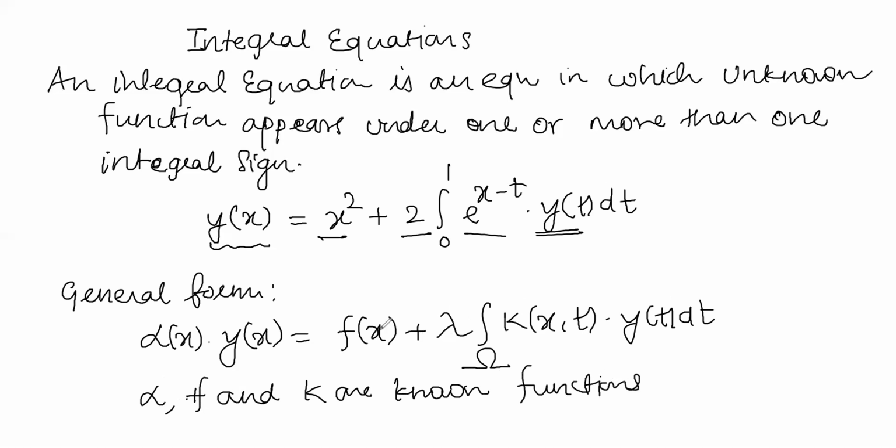Here your f of x is x square, and alpha of x is nothing, so I can take it as 1. It is even known, and even lambda is known. Lambda is a non-zero parameter. It may be real, it may be complex, that does not matter.